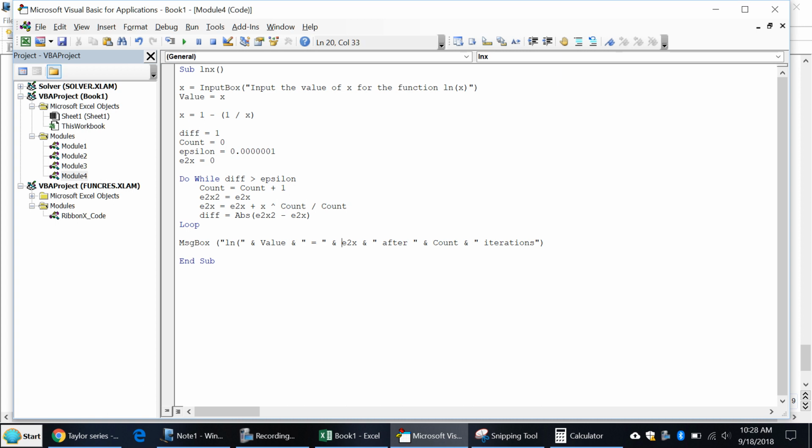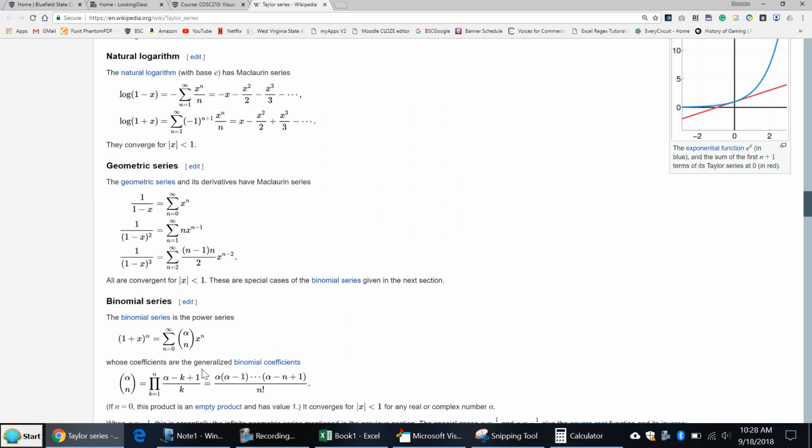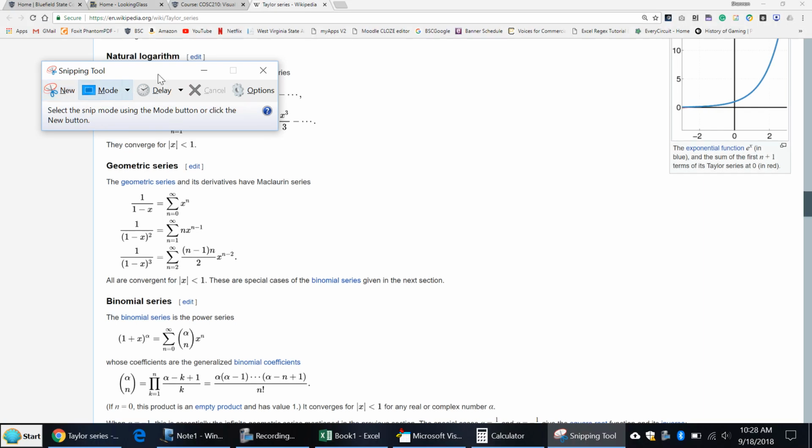And that's it. The only thing I really changed, if you'll notice, is just this formula here. And why did I change the formula? Well, the reason is because the formula itself changed.